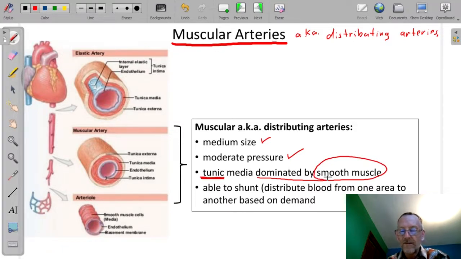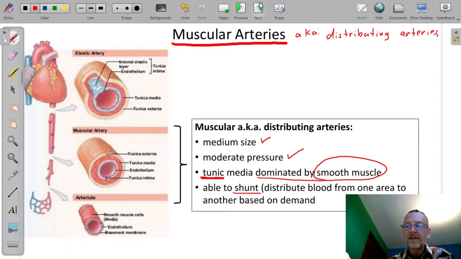And these are the blood vessels that are able to vasoconstrict or vasodilate to allow different amounts of blood to be sent to different regions of the body based on demand, metabolic demand of the tissue. So we can shunt the blood and distribute it.